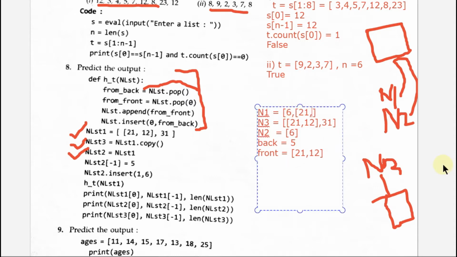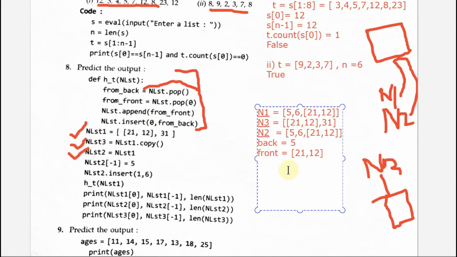So 21, 12 will be appended to this place. Insert(0, from_back). In the 0th position, you are inserting whatever is stored in from_back. So what is stored? 5, 6, 21, 12. Here also you have 5, 6, 21, 12.